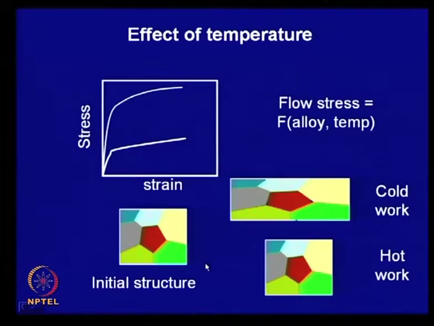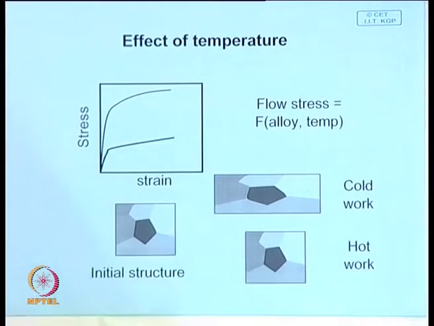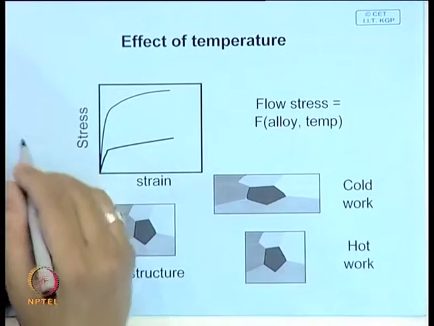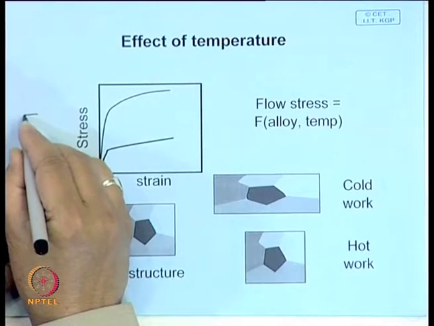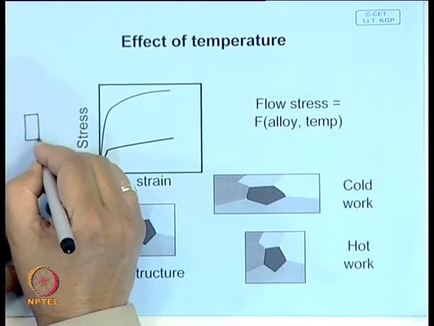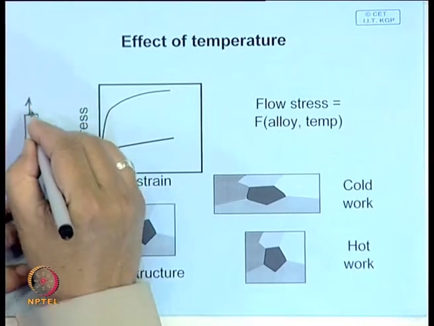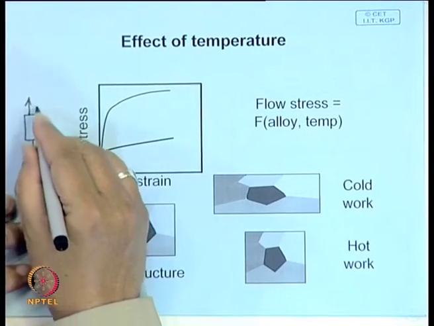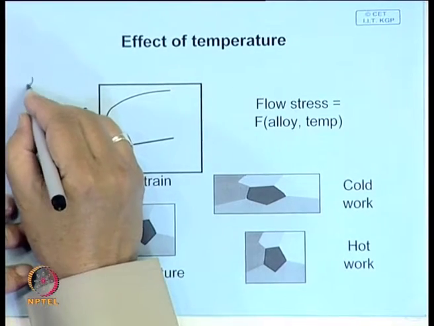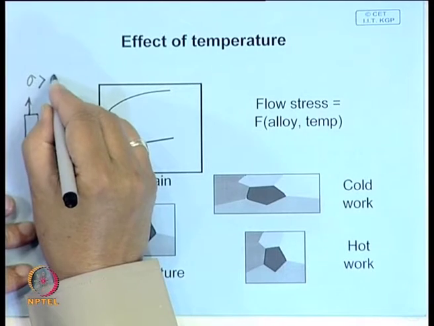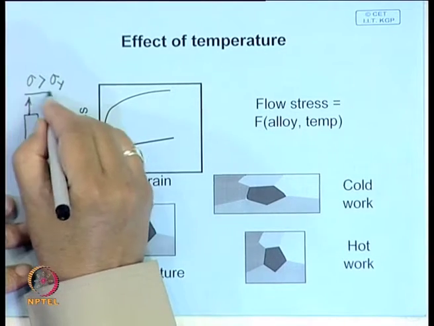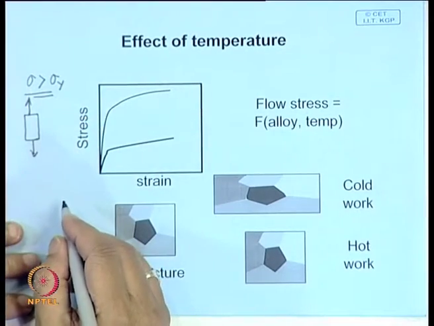Now, let us see why a material deforms. We have talked about it earlier in detail, and we have seen that when you apply stress to any metal, whether tension or compression, after the stress exceeds a critical stress called yield stress, the material deforms.